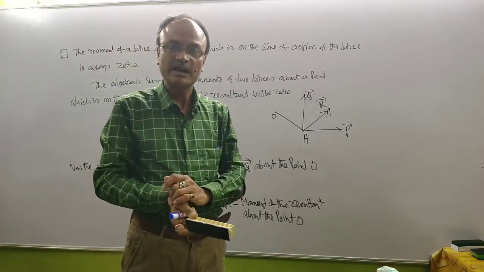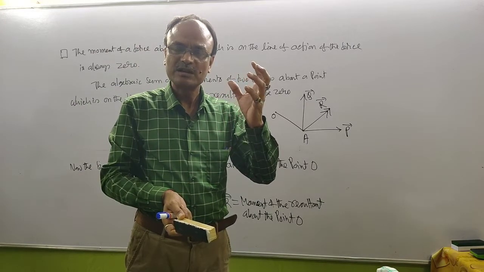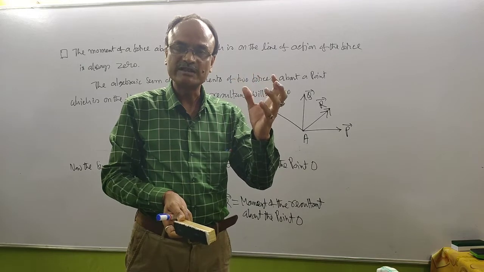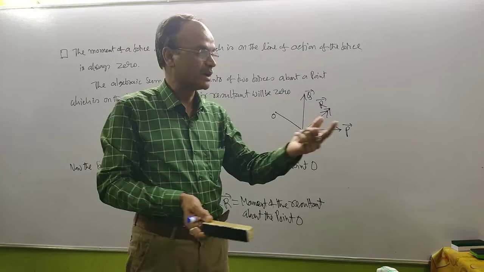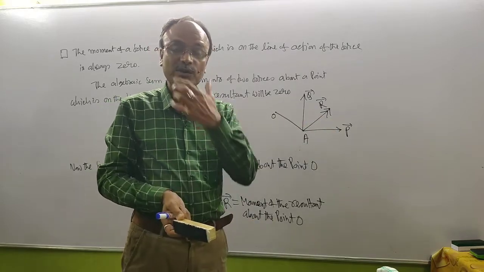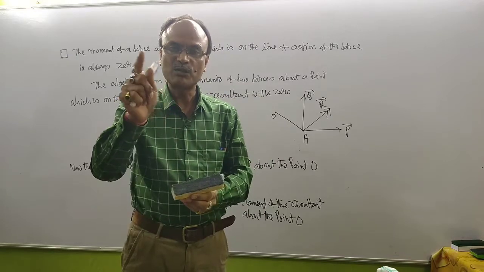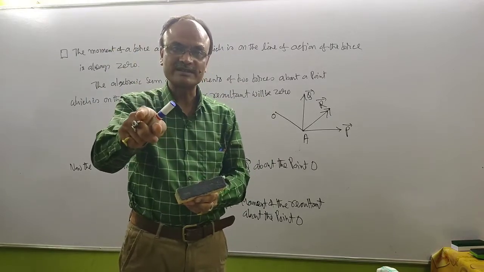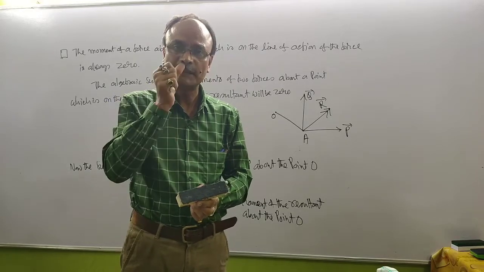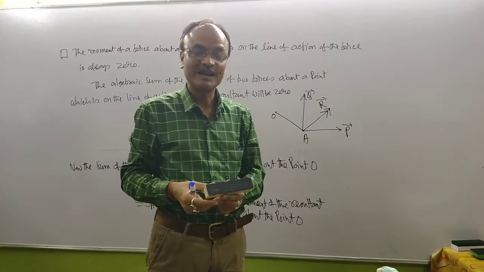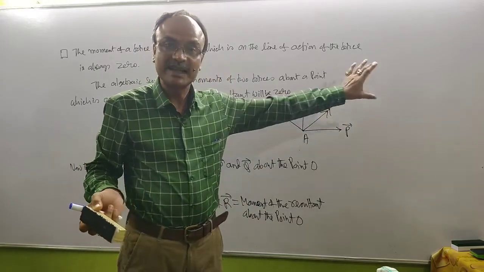Now, you see, if the forces are in equilibrium, it means the sum of the forces is equal to 0. Therefore, by Varignon's theorem, you may say that the algebraic sum of the moments of a number of forces about any point in their plane will be equal to 0 if the forces are in equilibrium, because if the forces are in equilibrium, their resultant is 0.